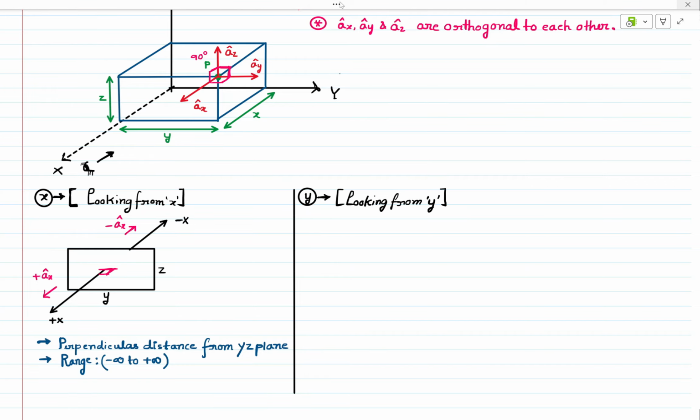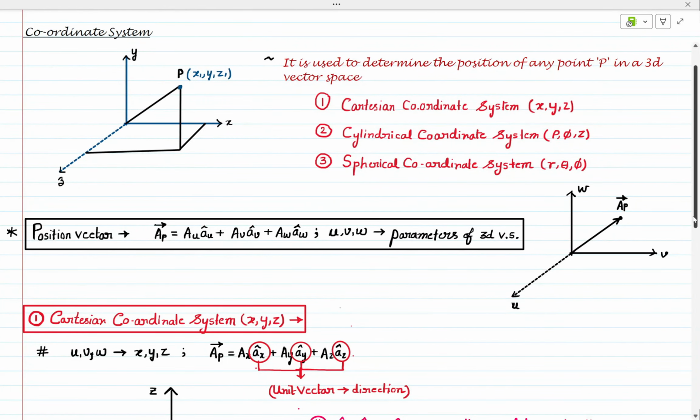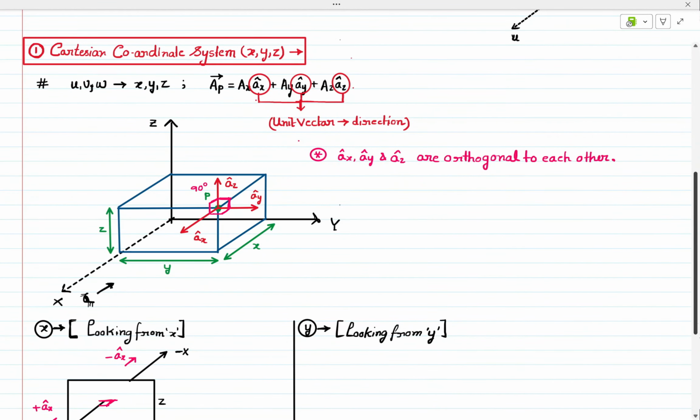Looking from the y direction means I am looking from this direction.